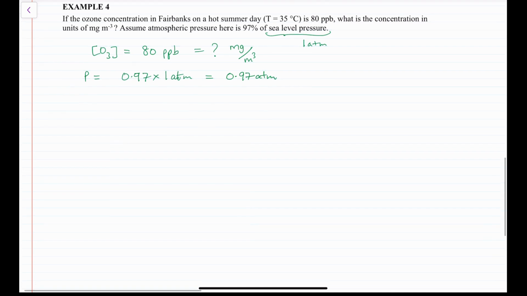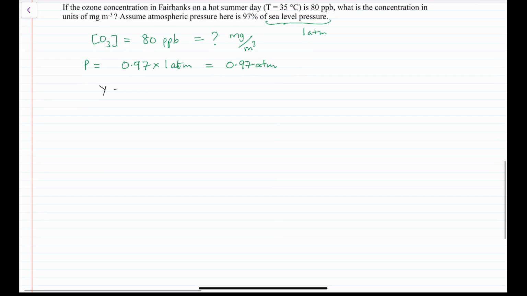And now our formula that we were using so far was Y equal to C over MW times RT over P. So if I want to calculate C, then that will be Y times MW times P over RT, right?